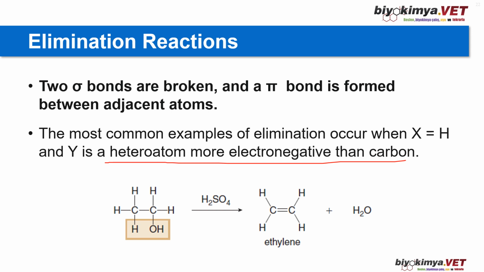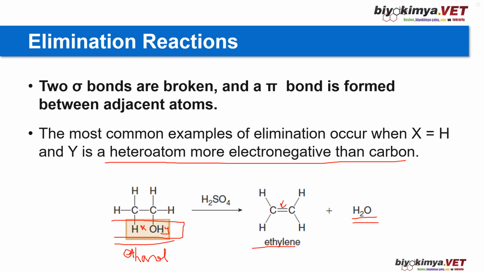And here is a common example, and this is ethanol, an alcohol, reacts with sulfuric acid to form ethylene and a water molecule. So the hydrogen and the hydroxide, X and Y, this is X, this is Y, are removed, that's two sigma bonds broken. And the p bond is formed between the two carbon atoms here, along with the water molecule.